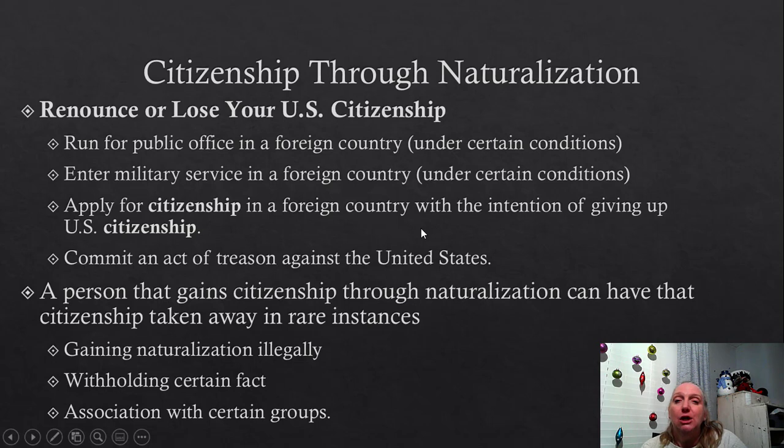Okay, how can you lose your citizenship? So you can renounce. If you're a natural born citizen, you can renounce your citizenship, or you lose your citizenship if you're naturalized, if you run for public office in a foreign country. Certain conditions apply under military service in a foreign country.